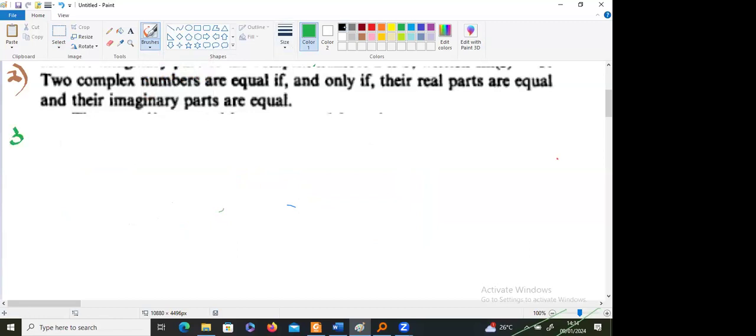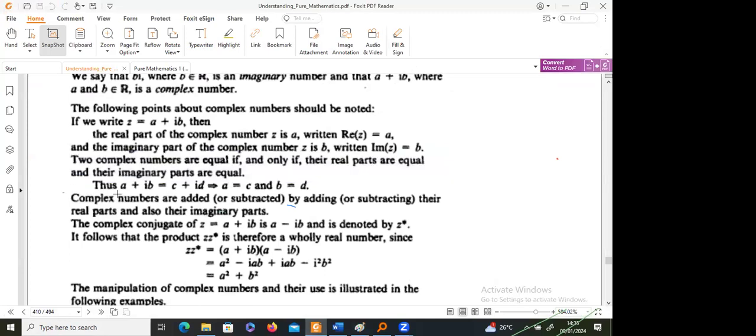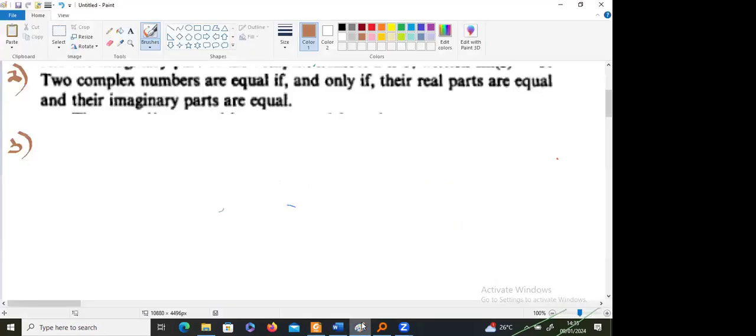But one small thing, which should be my third note: during addition or subtraction of complex numbers, complex numbers are added and subtracted by adding or subtracting their real parts and also their imaginary parts. That is what I want you to take note of.